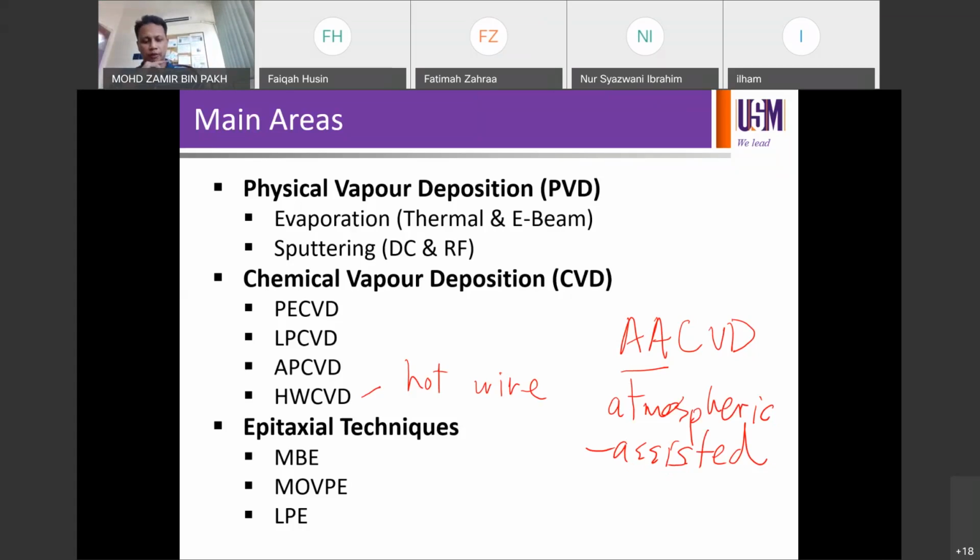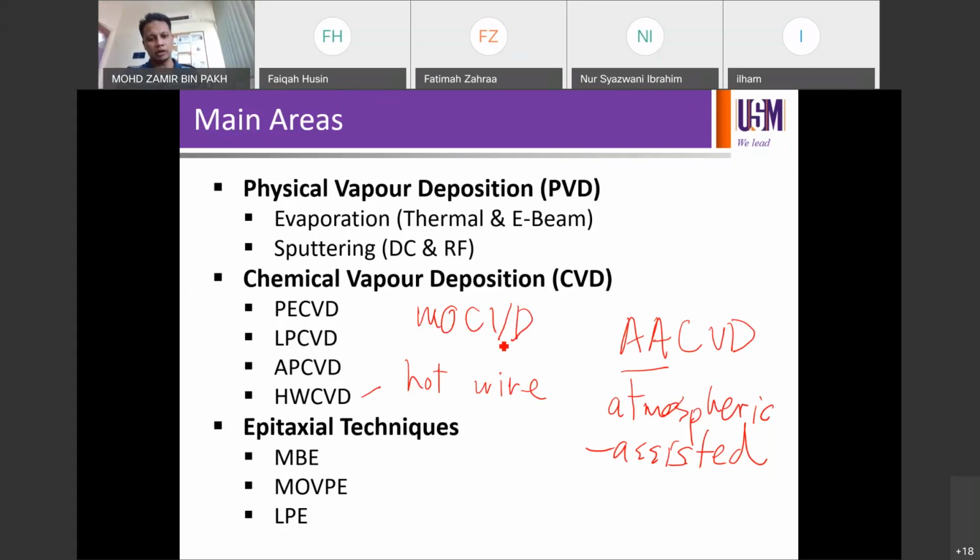And the third one is called the epitaxial technique, where you do a very accurate atom by atom deposition. Sorry, before I forget, for CVD we also have MOCVD, metal organic CVD.